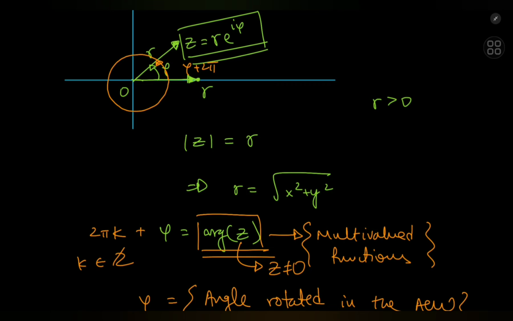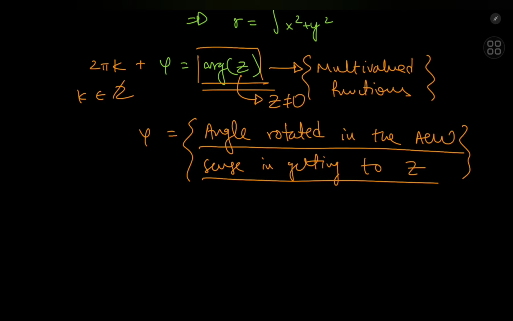Notice that I've excluded zero specifically because you can't exactly define an argument of zero, right? It's just like the zero vector. The zero vector doesn't have a defined direction. And by the same token, for z equal to 0, the argument is undefined.